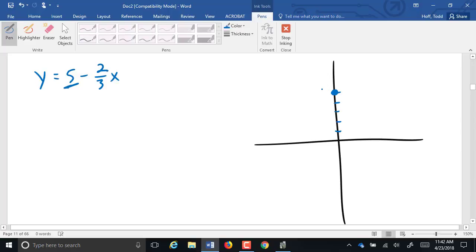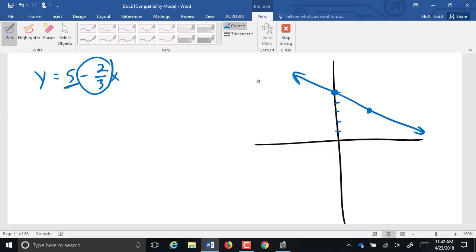That was our first point, our intercept. Then the slope multiplied the variable. We have to be careful here. That is a negative 2/3 multiplying the variable. And we went down 1, 2, because our rise was a negative 2. And then we ran 1, 2, 3. That's our line. So that was our graph.